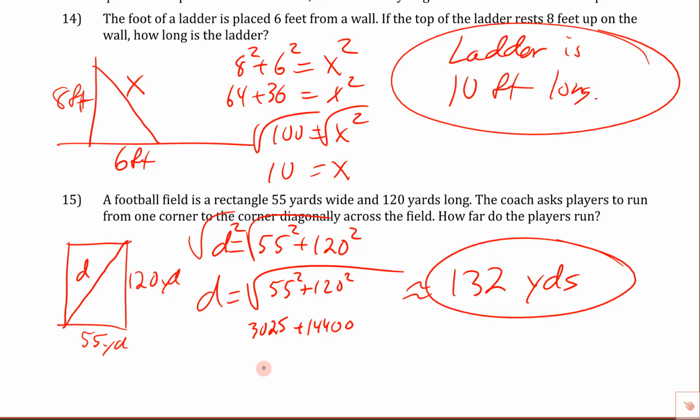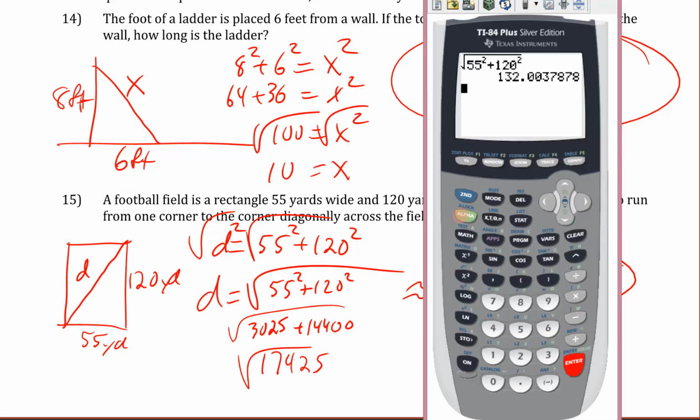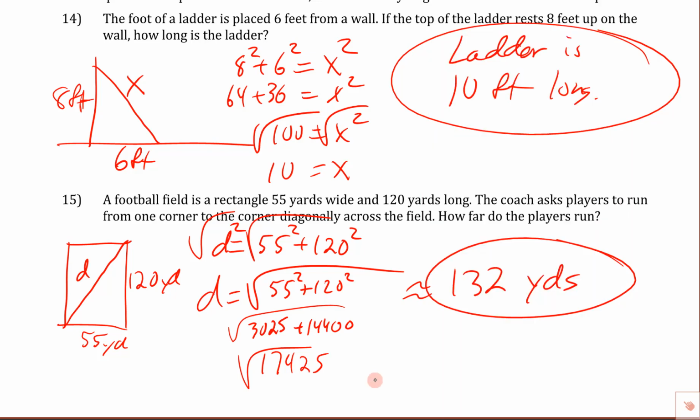If you added those together, you would get 17,425. So if we took the square root of that, we should get the same thing. So let's just check and see, just for the heck of it. We'd hit second square root, 17,425. Hop out, hit enter, and there's our 132. Okay, so same answer either way.